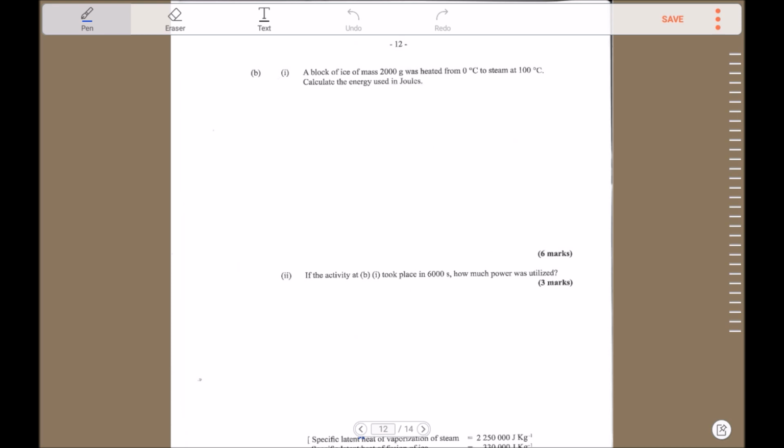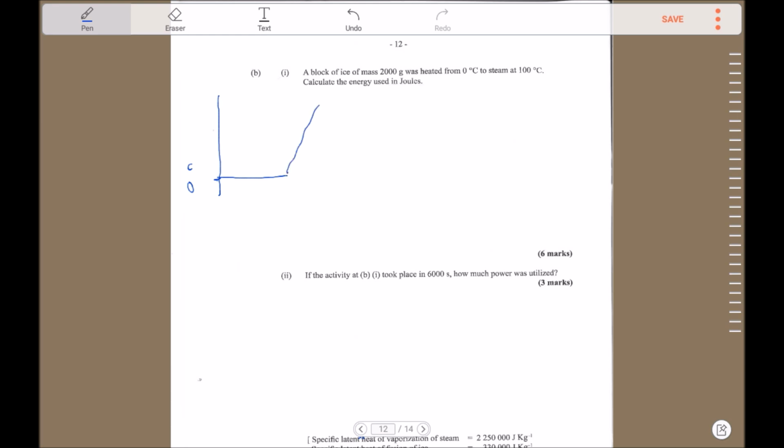Alright, a block of ice of mass 2000 grams was heated from 0 degrees Celsius to steam at 100 degrees Celsius. Calculate the energy in joules. Alright, so let's just do a little map here. We have ice at 0 degrees Celsius here, and we're heating that to steam. So when we add heat to this ice, it changes to water. As time progresses, there's no change in temperature because it's changing state.